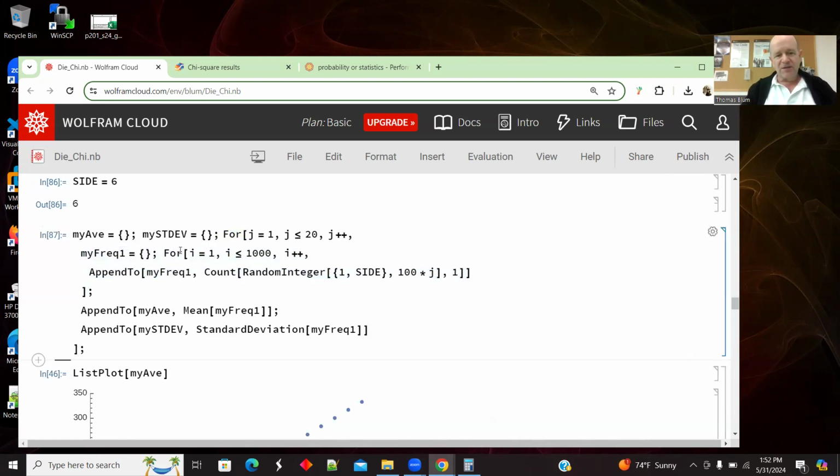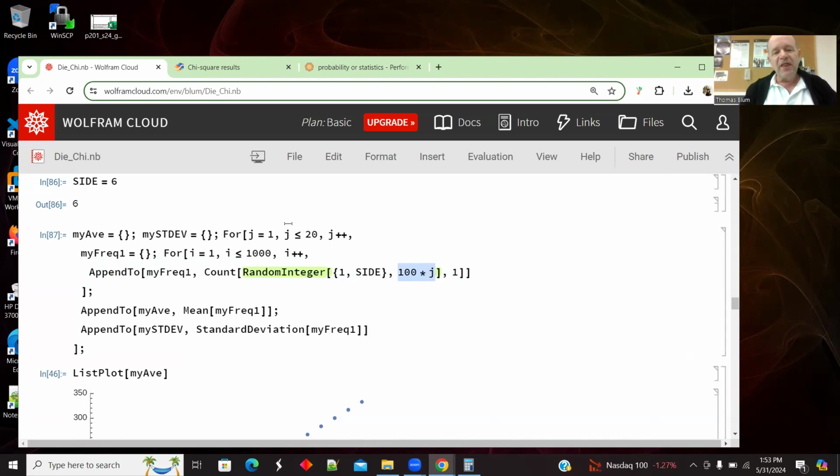So that's what this did. I roll the dice so many times and see how many times I get a 1. Then I do that 1,000 times and get the average and the standard deviation, the sort of spread. And then I am repeating that. So I've got loops upon loops upon loops here.